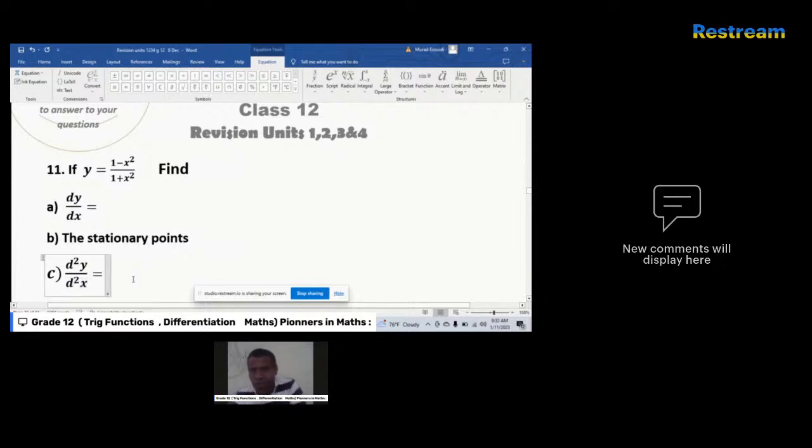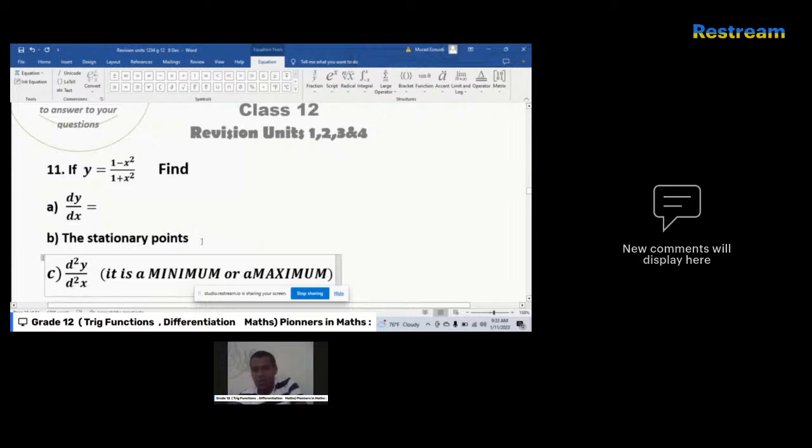To check the nature of the stationary point. You have a maximum or a minimum, and so on. Between parentheses, it's a minimum, or a maximum. This is the whole question.